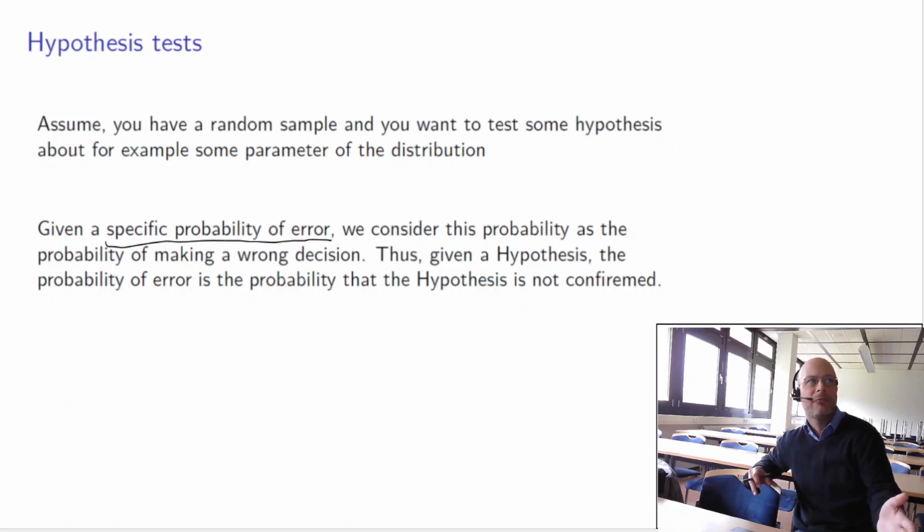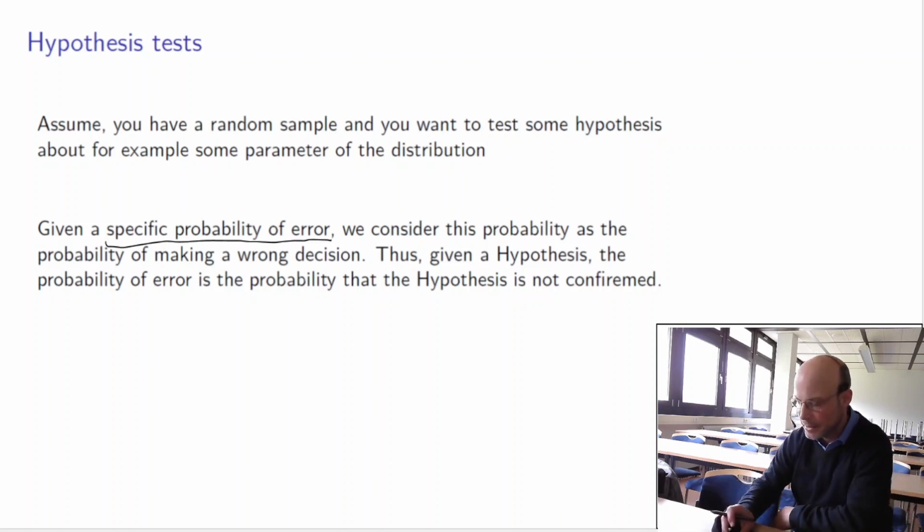But this is the wrong way, because at first you have to think about the right size of your probability error. Otherwise, so to speak, you would take the probability error that gives you the result you want. And this is not what statistics is about.